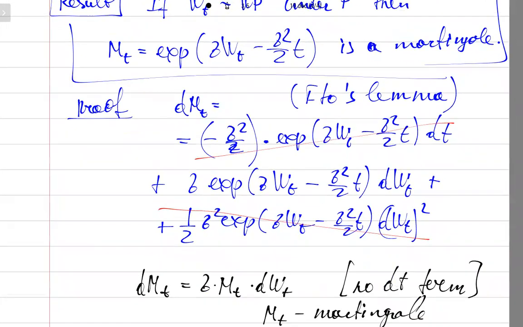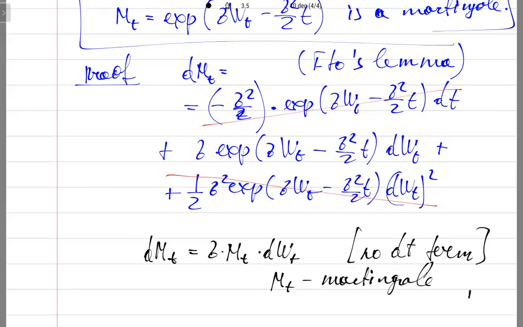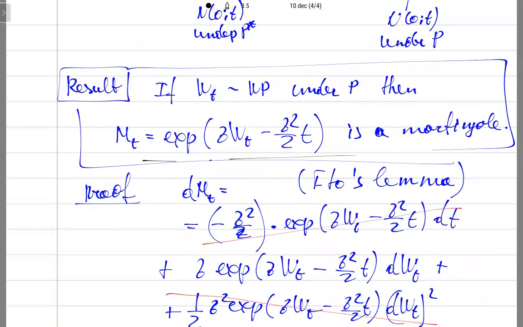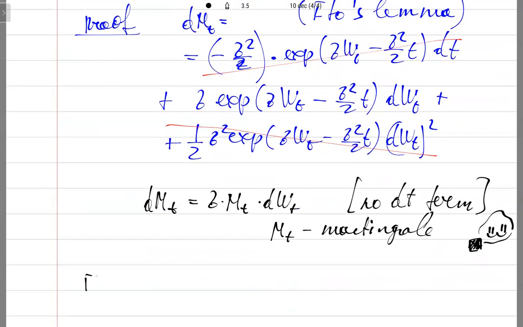Okay, so we have proven our statement. We can draw a happy black square. But if M_t is a martingale, then the expected value of M_t is constant.